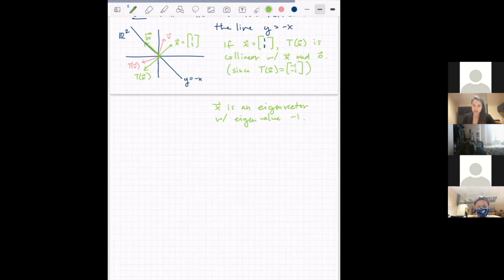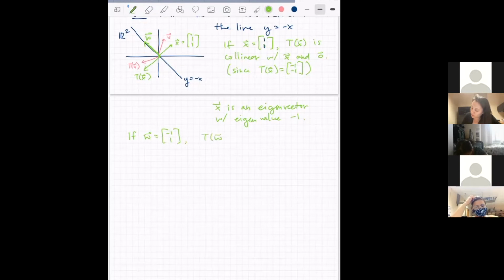So if W is, for instance, to make it simple, the vector -1, 1, that lies on the line y equals -x.